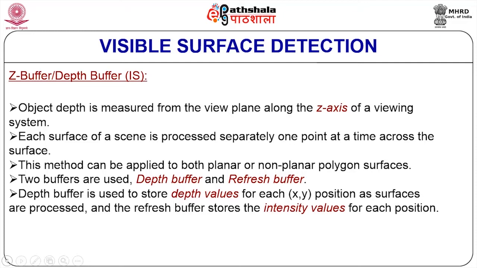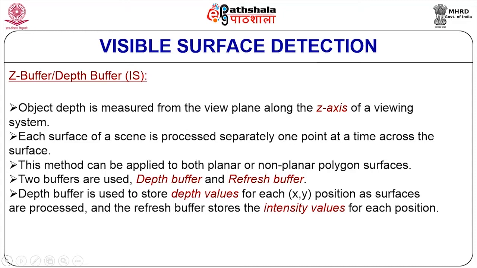We take each pixel at a time, starting with the top left corner pixel, and we sort the surfaces as per their depths, see which surface is the frontmost, and give the pixel the color of that surface. That is what we are going to do in the Z buffer or the depth buffer.